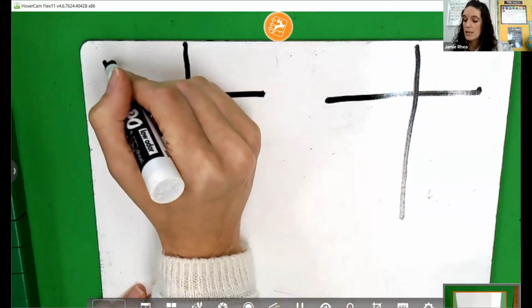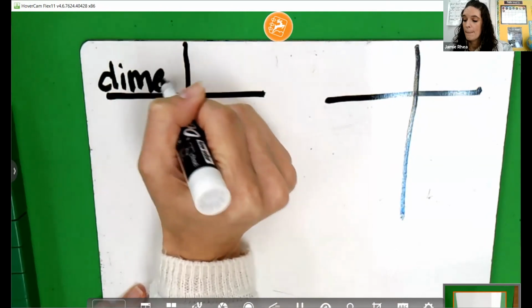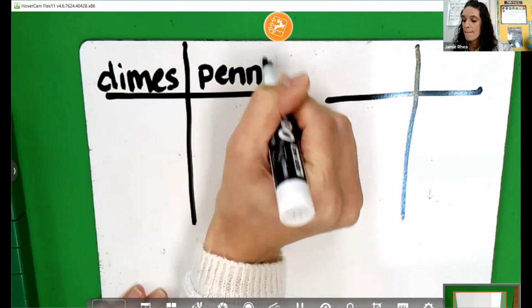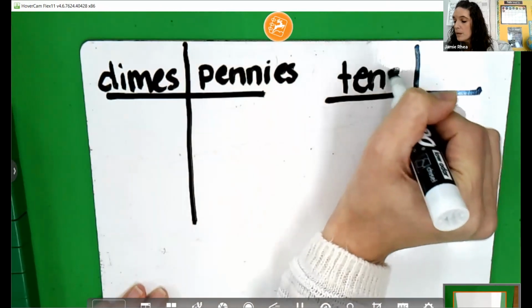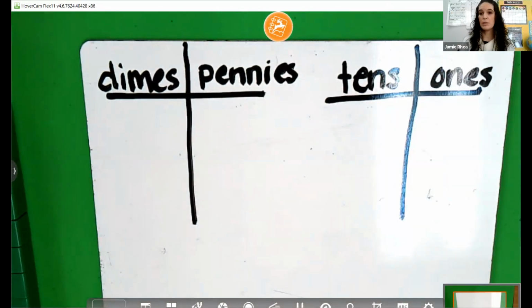This one can be dimes, pennies. This one would be tens. This one is ones. If you don't have access to print that out, that's totally fine. Just draw it out on your board. If you need more time to write that out, push pause and then join us in a minute, okay? Now, let's go back to Miss Curry and let's keep going.